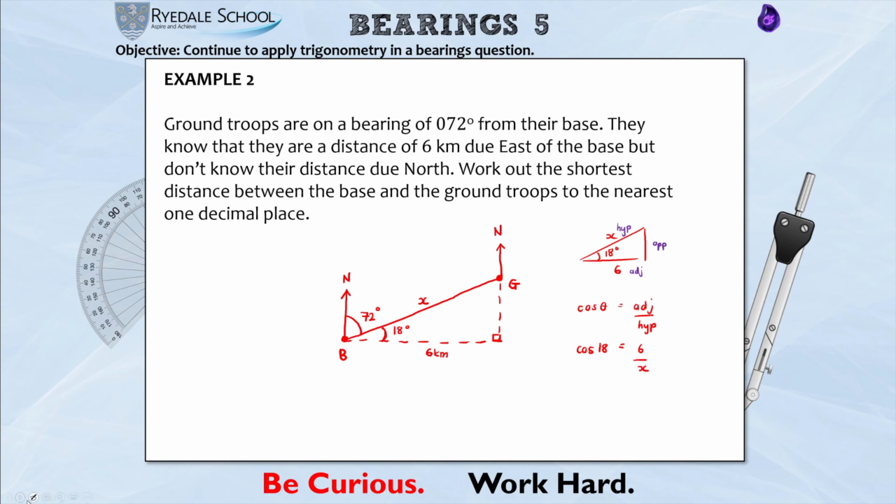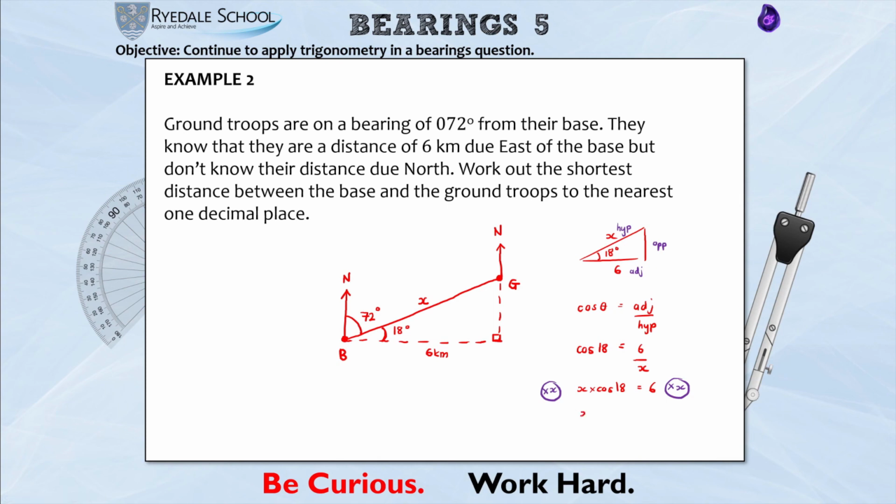Well, this is a slightly more awkward one to rearrange because the unknown is on the bottom. So let's rectify that by multiplying both sides by x. So x cosine 18 is 6. And then I can get the x by itself by dividing by cosine.